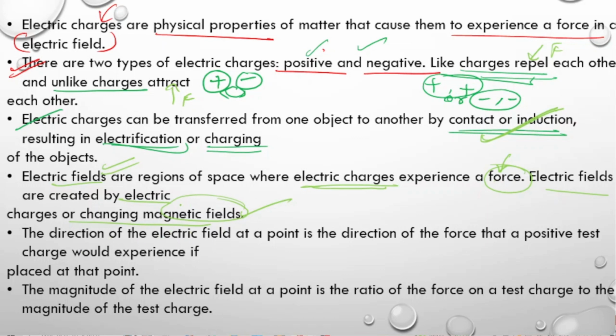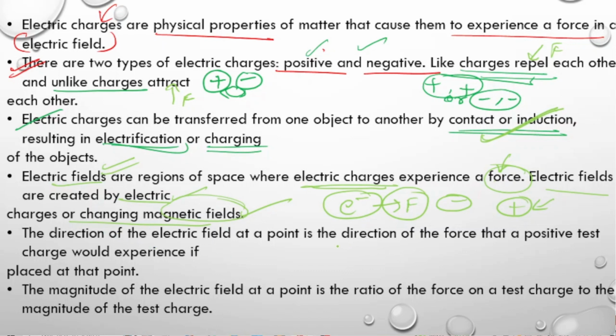Okay. But keep in mind, electric fields are going to be created by electric charges, like electrons undergoing a certain force. It can create an electric field, that is a negative charge. Or if any proton or positive charge is undergoing any force, then it can create an electric field. And a change in magnetic field can also create an electric field. Okay.